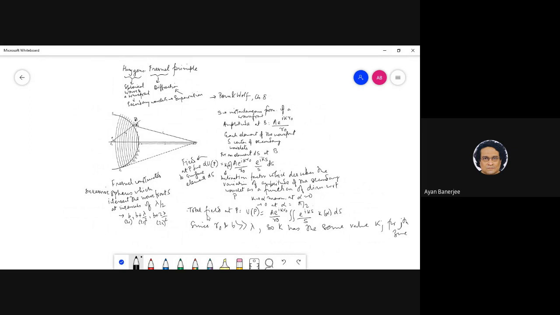So what he uses is just the triangle law. There are these three sides of the triangle, right?